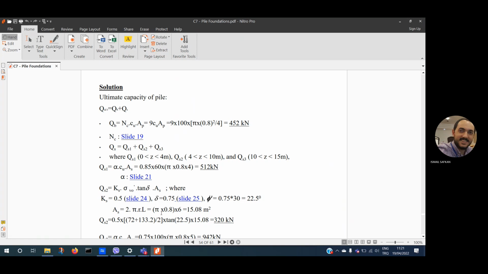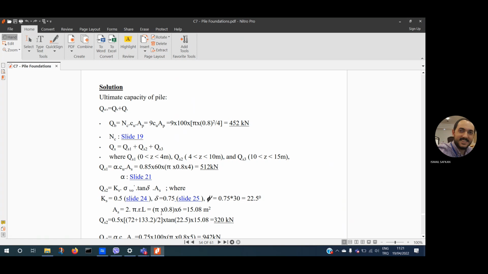For my pile, I'm going to have base reaction, which we call QB, and we have three more components. Let's name these QS1, QS2, QS3.